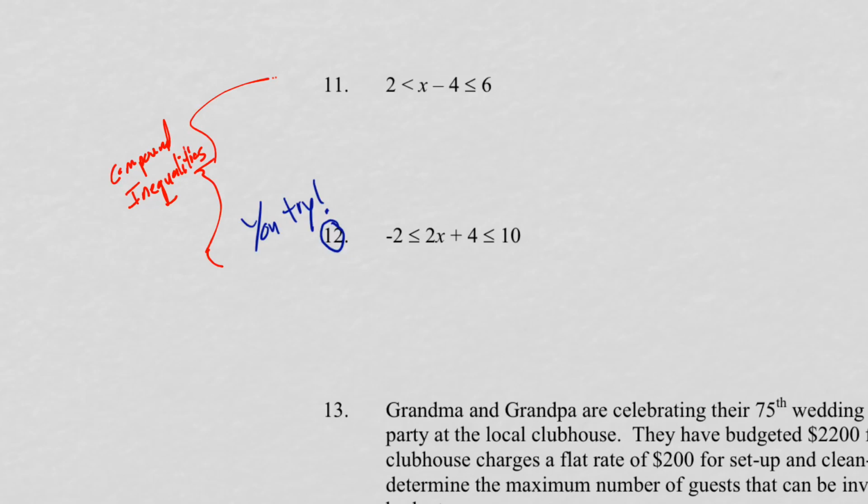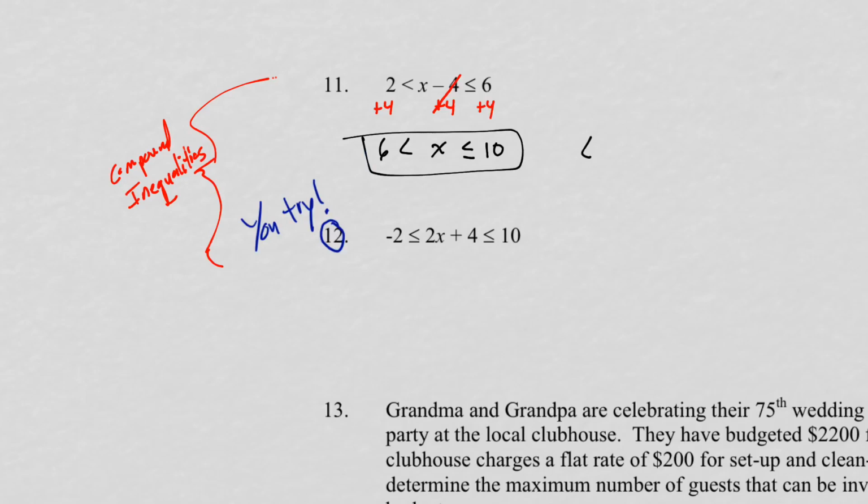Okay, so for example, in number 11, to get x by itself, I'm going to add 4, right? That gets rid of that, but whatever I do to the middle there, I need to do to the left and to the right. So I'm going to do it here and here. Okay, so that's going to produce x by itself. And then I just go ahead and calculate the left side, which is 6, and the right side, which is 10. And that's my answer.